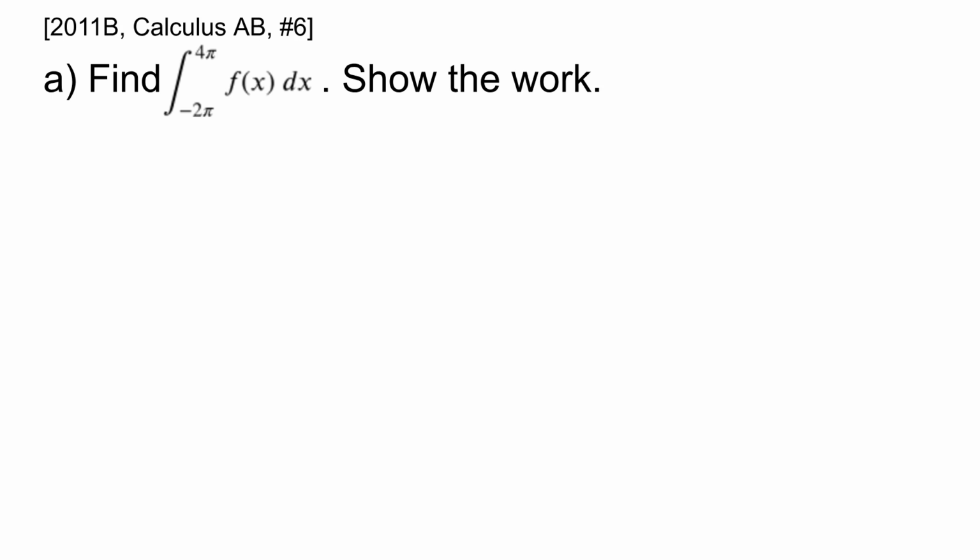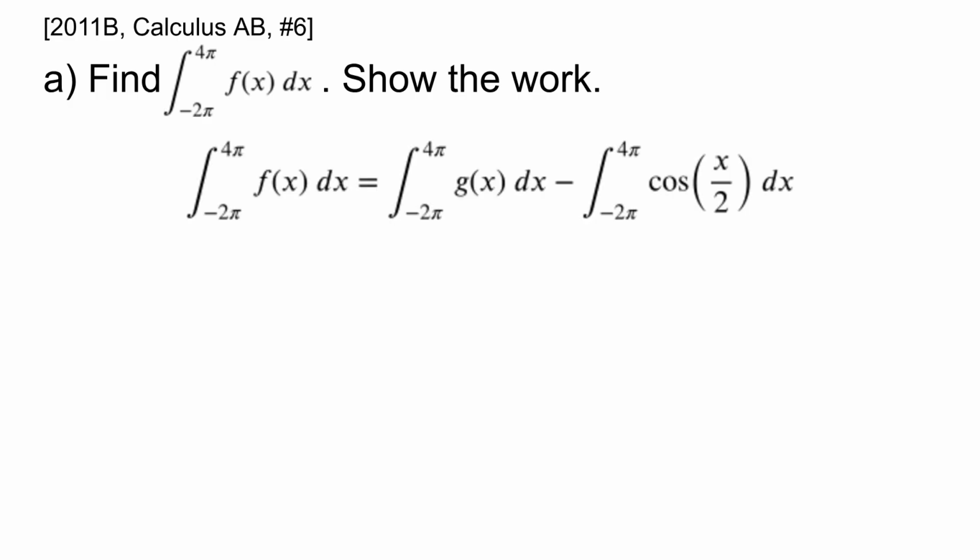In part A of this question, we are asked to find the integral from negative 2 pi to 4 pi of f of x dx and to show the work. The integral from negative 2 pi to 4 pi of f of x dx, based on the definition of f, is going to be the integral from negative 2 pi to 4 pi of g of x dx minus the integral from negative 2 pi to 4 pi of cosine of x over 2 dx.